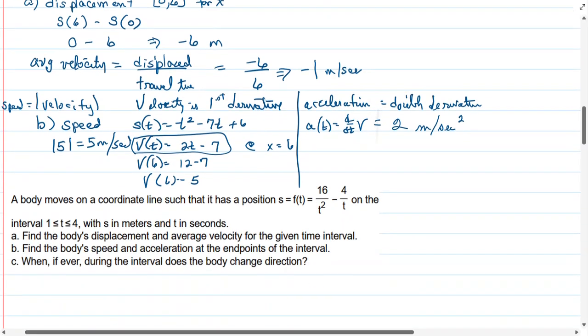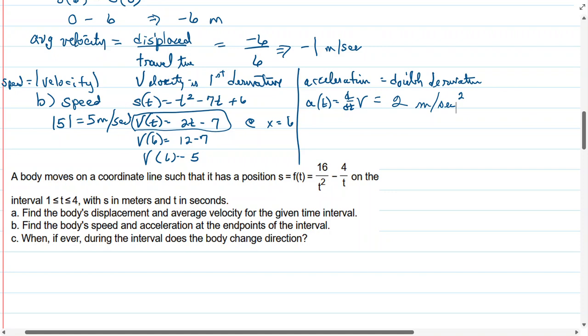Okay, so let me write some information that everybody can have.